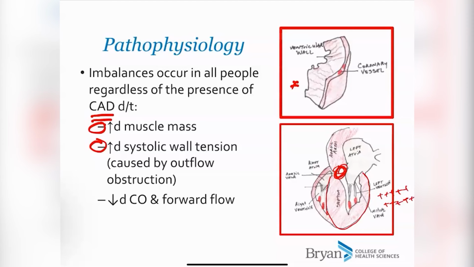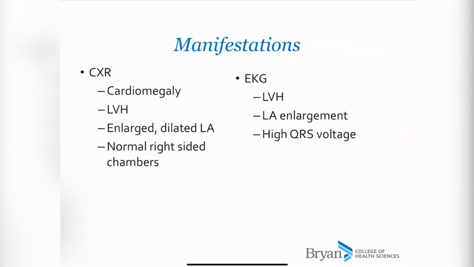So that is going to produce increases in demand for our oxygen. And then, as we discussed earlier, decreases in cardiac output, which are going to result in decreases in diastolic blood pressure.